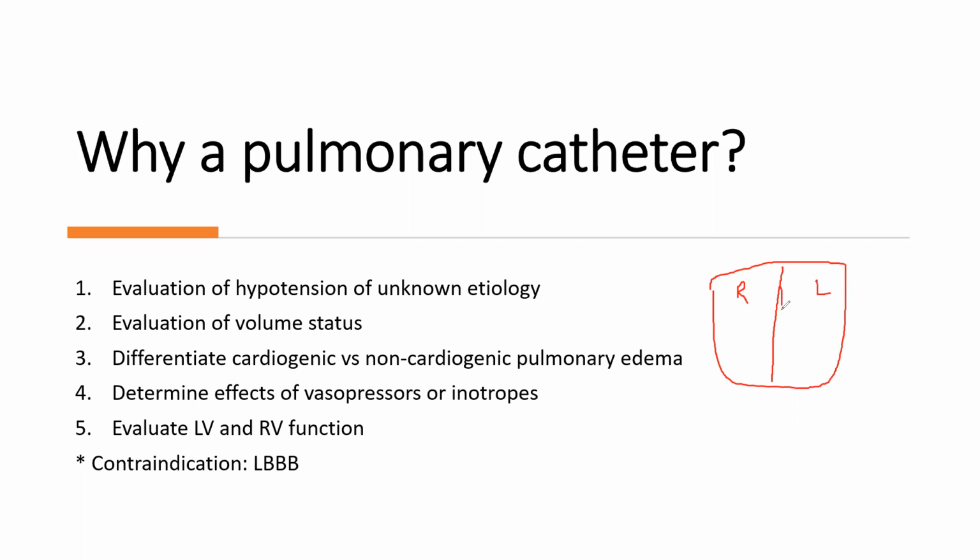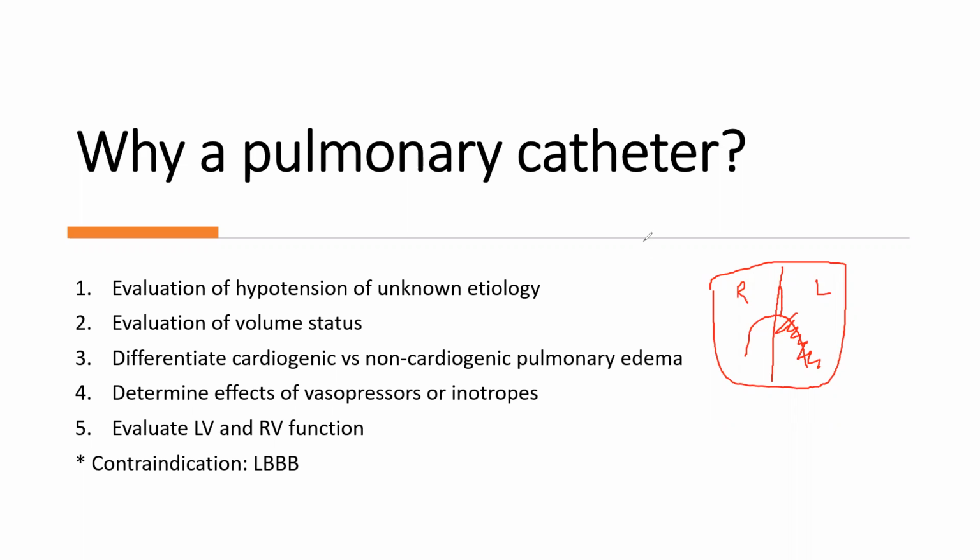Well, the bundle branches split, one going into the right and one goes into the left. And we said that the contraindication for the insertion of a pulmonary artery catheter is when this is blocked.